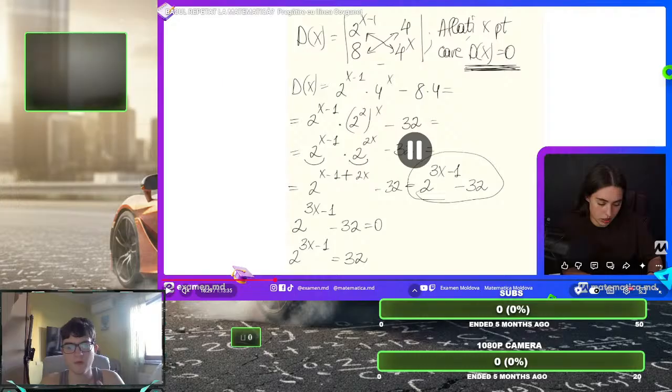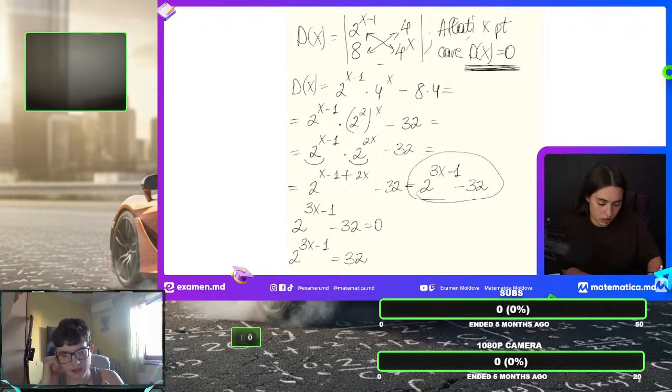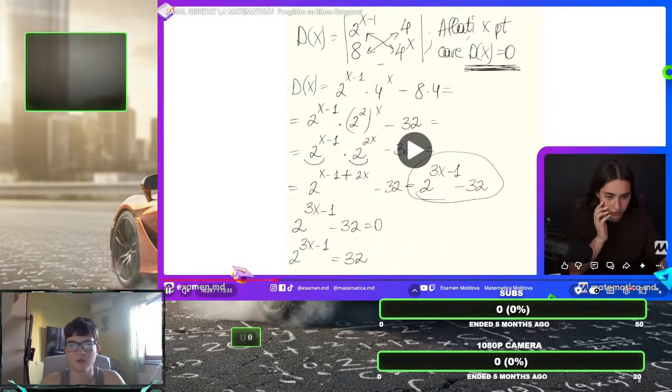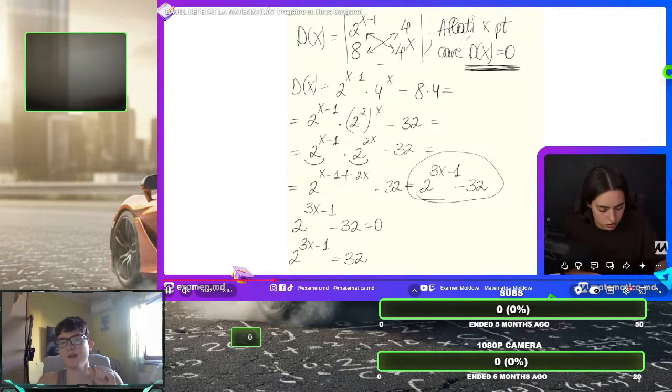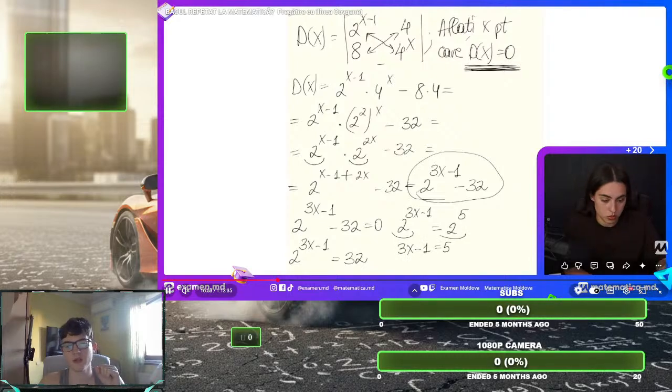Okay, so it has been moved like that, and now we can work. 32 is 2 to the power 5, so we have the same base, so we'll have 3x minus 1 equal to 5, which leads to 3x equal to 6, so x is going to be 2. And that is the x value that we wanted.